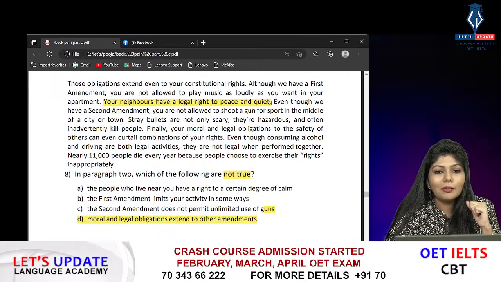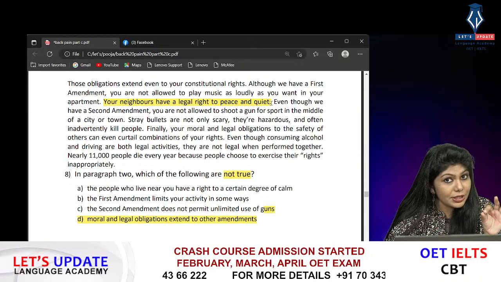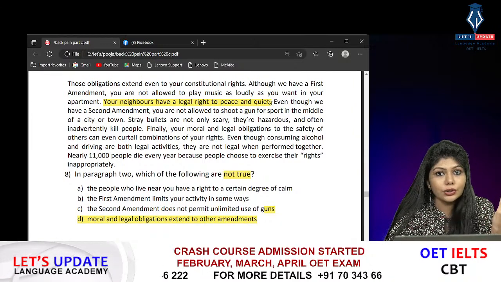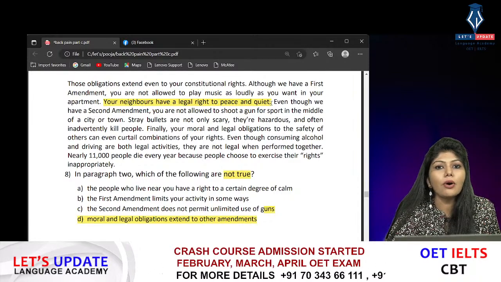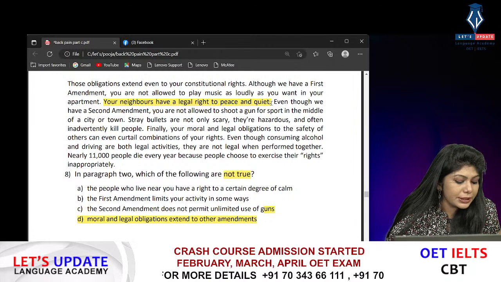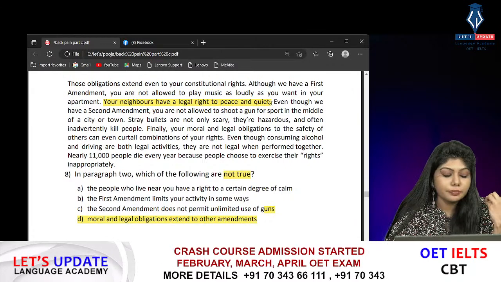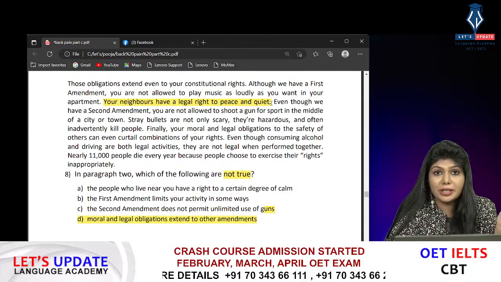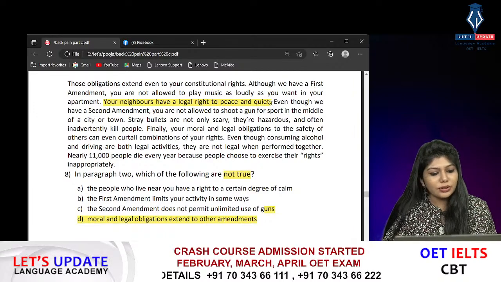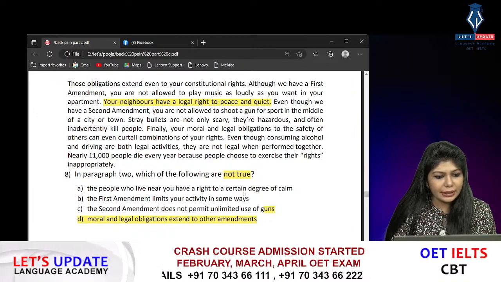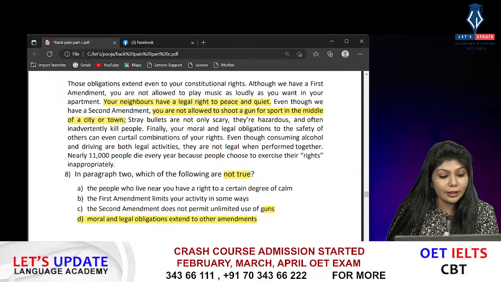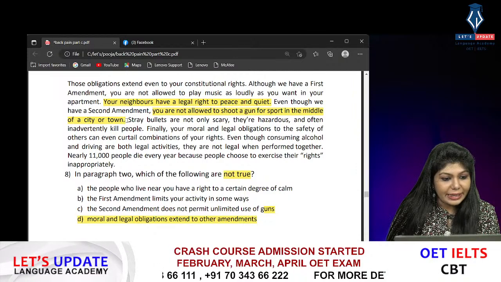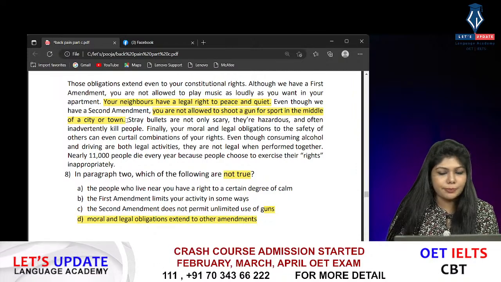Otherwise also, the First Amendment limits your activity in that you cannot conspire or issue threats through speech. So your right is actually restricted in that way.